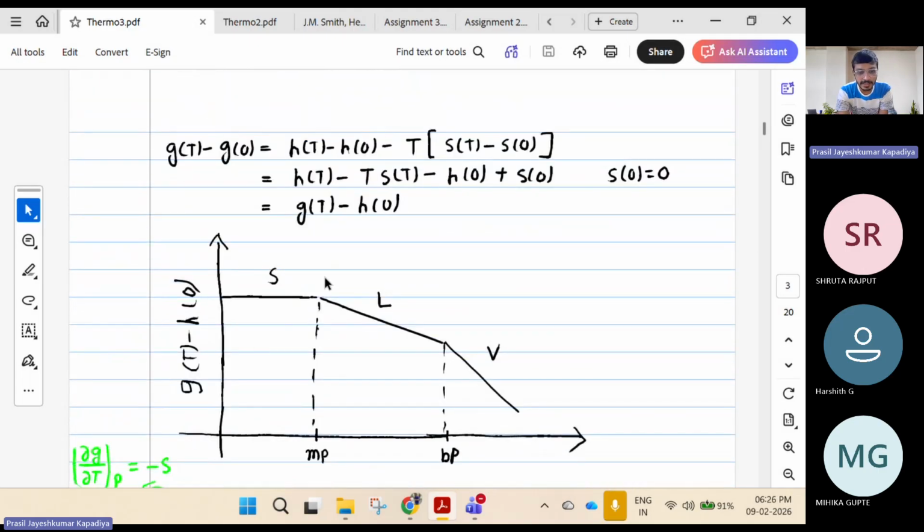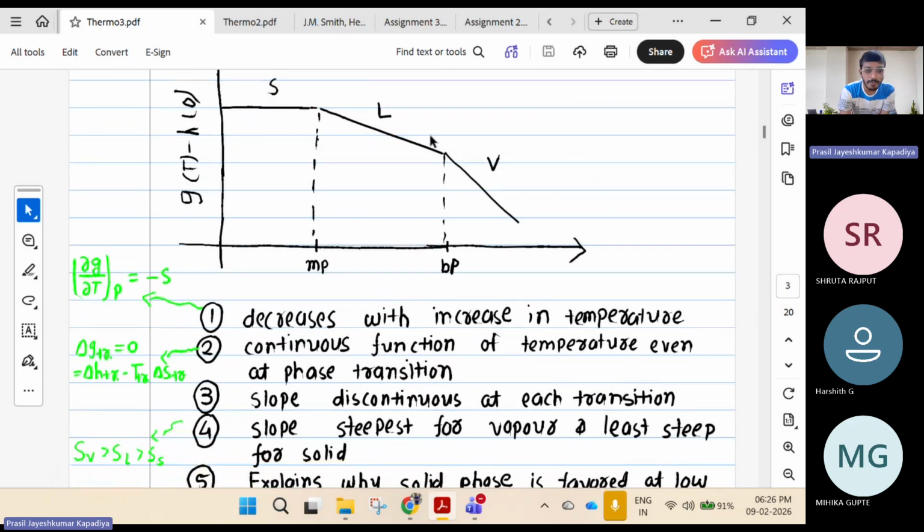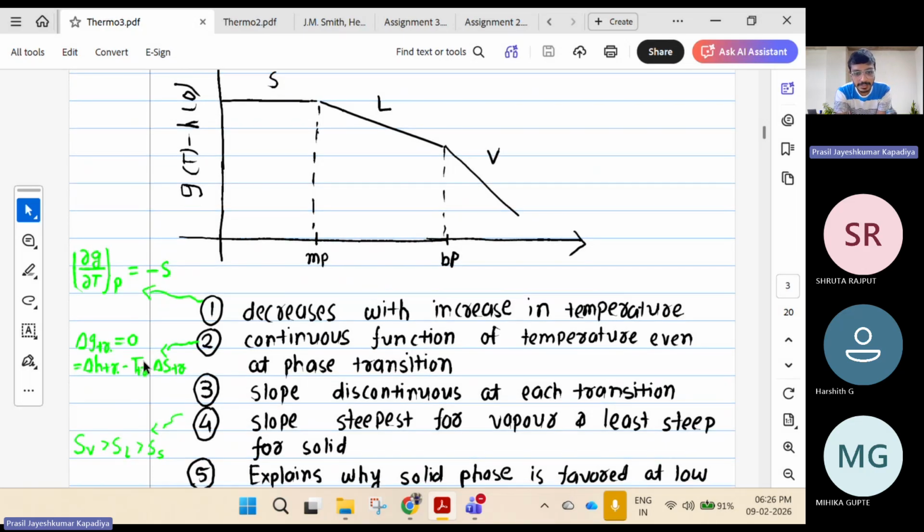So with increase in temperature, it is not going to change significantly for solid, there will be very little change. Then for liquid, even more, and for vapor it will be very steep. So the slope is steepest for vapor and least steep for solid, and at each transition point we can say delta G is 0, so delta H minus T delta S is 0, so you can find T transition, or you can find the entropy changes.